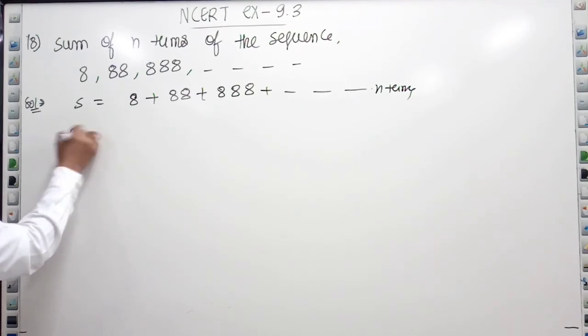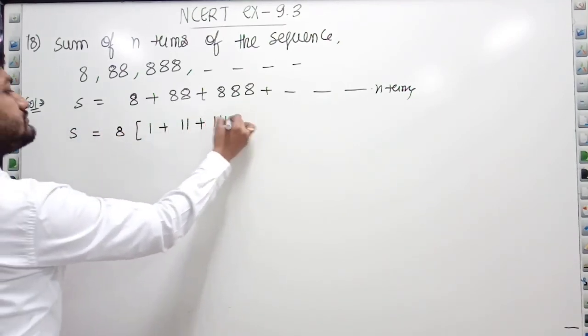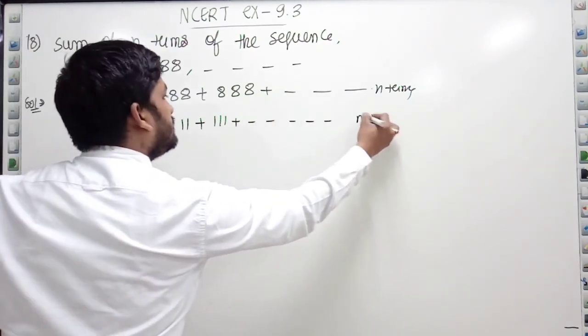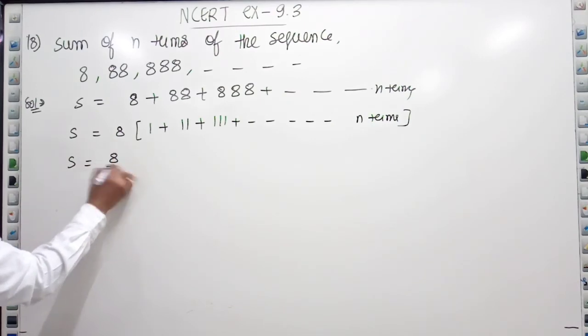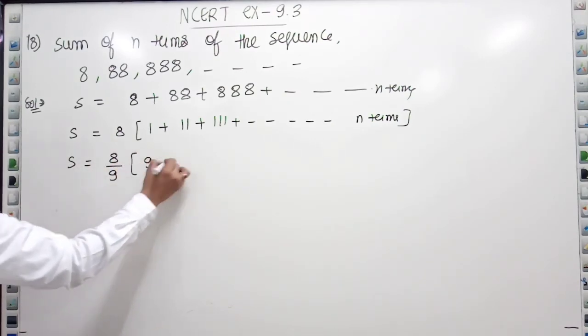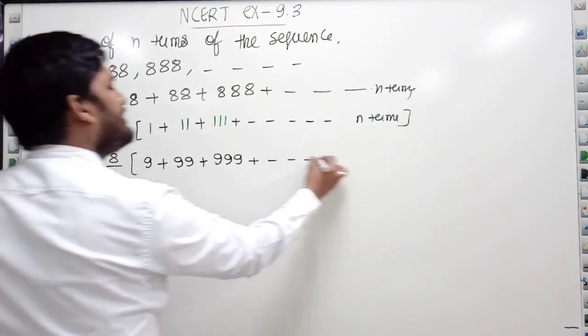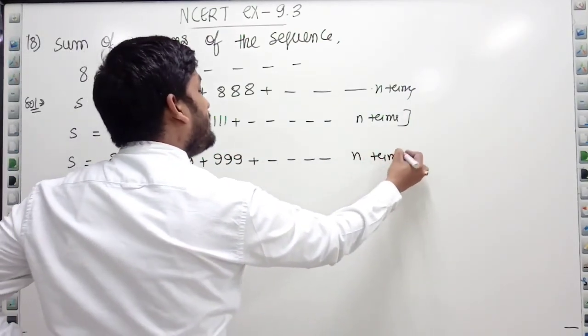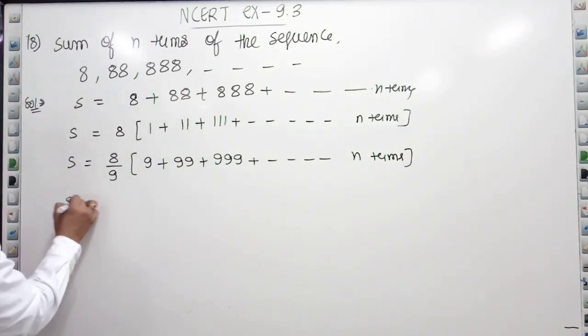Now what I am doing, I am taking 8 as common. Next thing, I am dividing by 9 and multiplying by 9. Why am I doing all this? Obviously I know only GP or AP, so I will be doing something by which it can become either GP or AP.